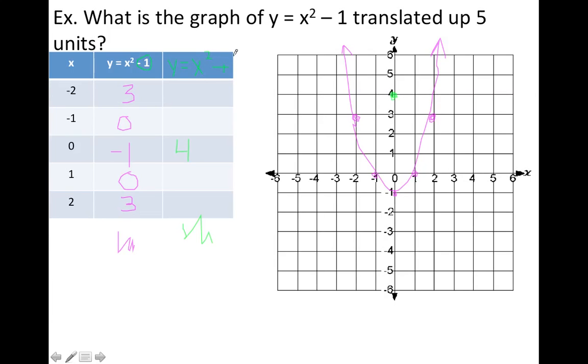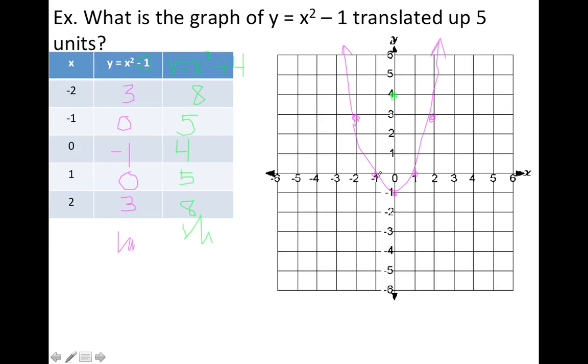Put a +4. And then if we didn't know how to count on our graph, we could just plug in our values. -2 squared is 4. Plus 4, we get 8. Do the same thing. We'll get 5. We already did 4. And again, we get 5 here. And we get 8. So the only ones that will fit on our graph are the values at -1.